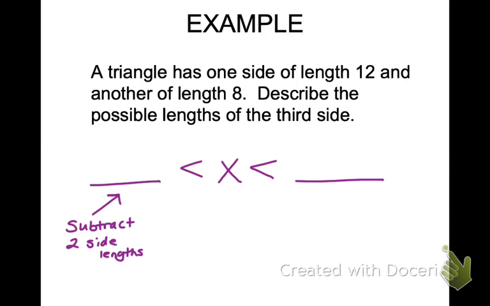And then to get your upper bound, you are going to add your two side lengths. If you would like to recreate this on your index card, go ahead. And you can go into the back, that's fine. You need space.